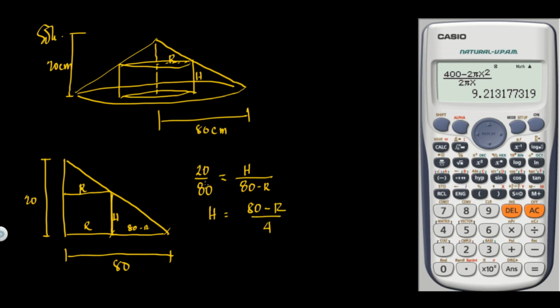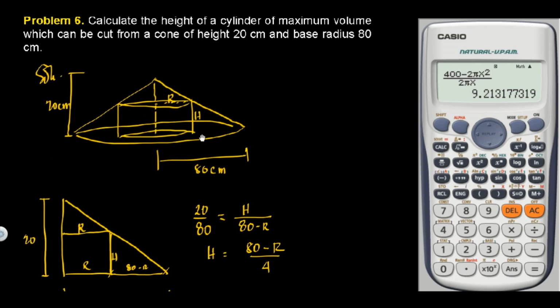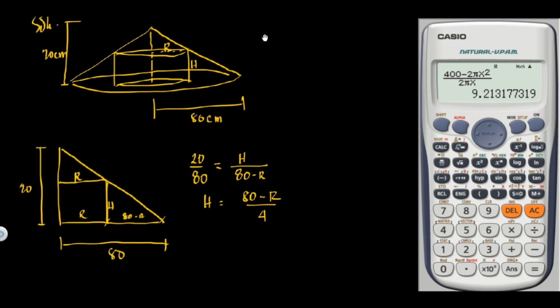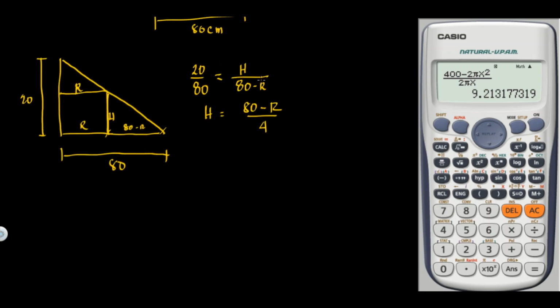Okay. Ayos na. Then, ang kailangan natin is maximum volume. Sorry. What we need is the height of the cylinder for maximum volume. Okay, so we solve for H. Isama na rin natin yung radius. So, volume, cylinder, no?